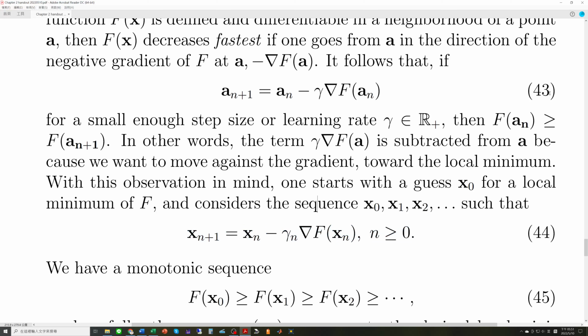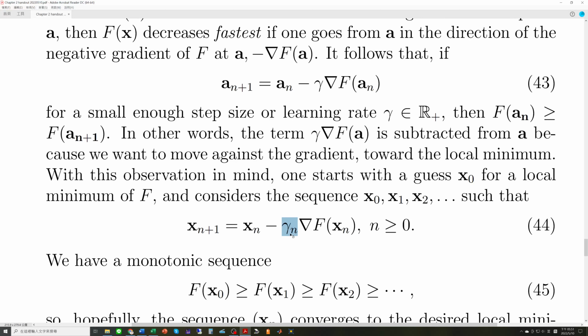We can compare equations 43 and 44, and you can find the differences between them are that a is replaced by x, and gamma is replaced by gamma_n. So it is an adaptive step size or learning rate, because gamma_n can be changed when n is changed.